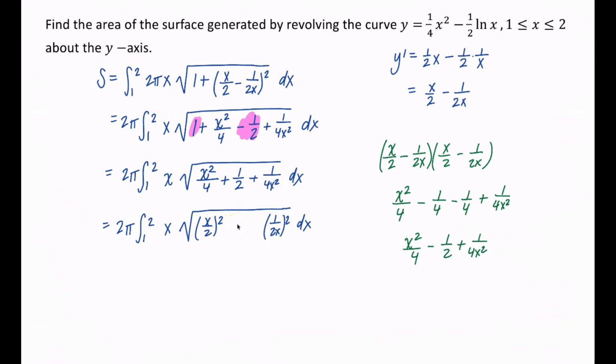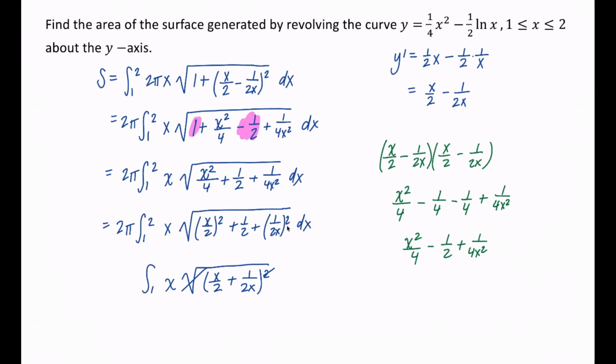Turns out 1/2 is 2 times the a and the b. I'm just going to leave it as 1/2, but it really is 2 times x over 2 times 1 over 2x. So we can see the 2's cancel and the x's cancel. We've convinced ourselves of that, and that's a nice feature, because then the part underneath the radical becomes just the quantity x over 2 plus 1 over 2x, squared, so that the square root and the square cancel.